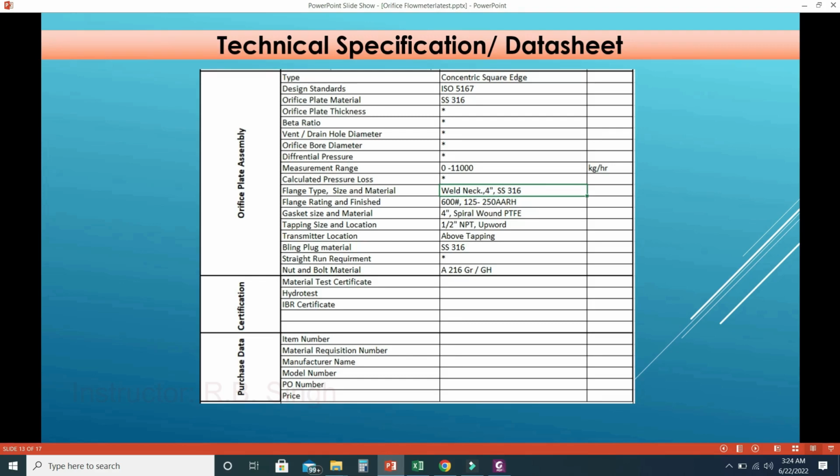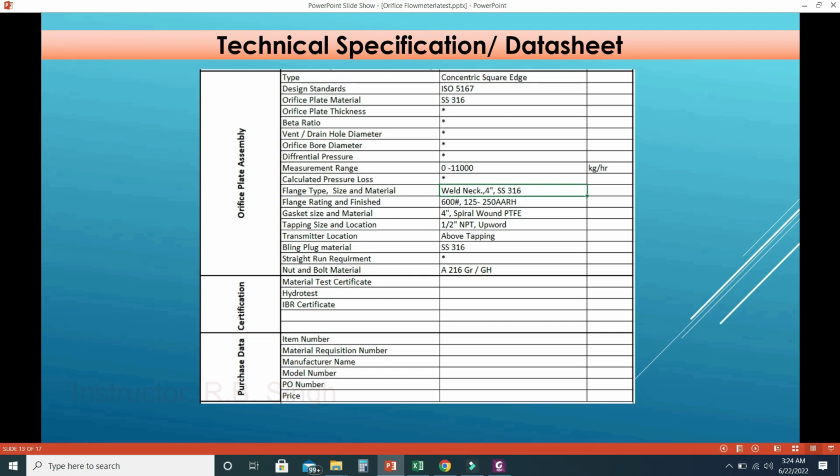However, during the sizing it will come over. Minimum plate thickness is 3.175 as per the ISO standards, and maximum it will be based on the size of the orifice and process conditions. Then beta ratio. Beta ratio is also a dependent value of calculations. So during the calculation it will come over, and it will vary from 0.2 to 0.75.